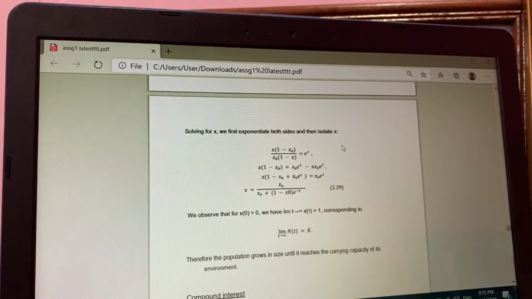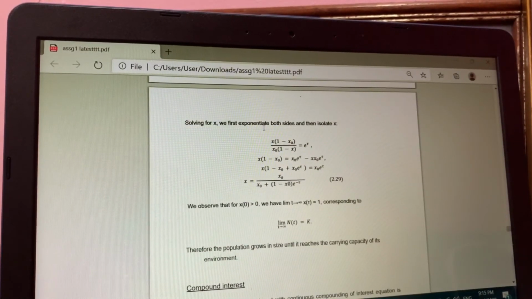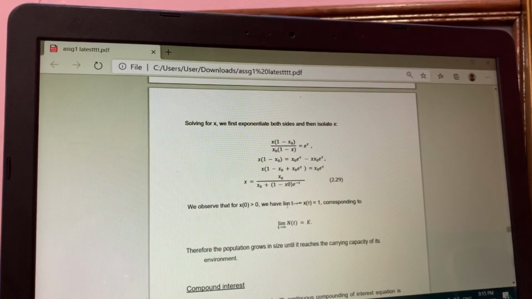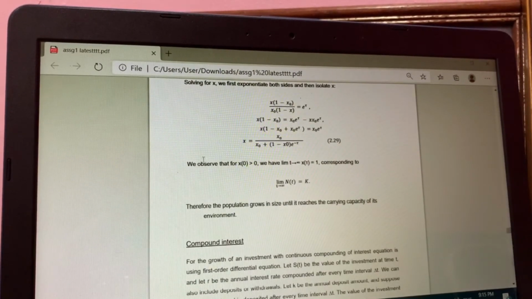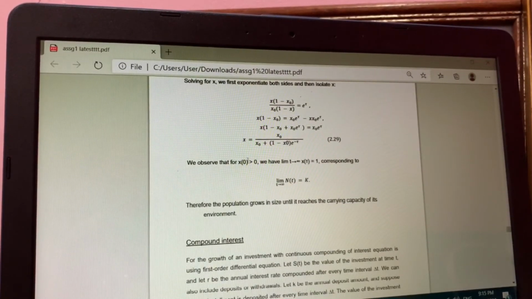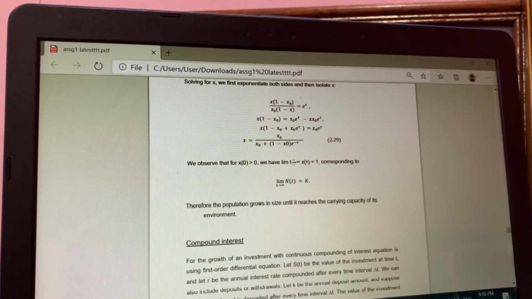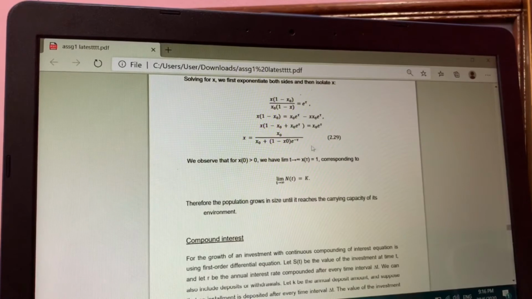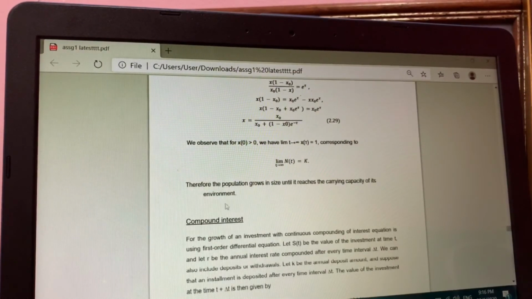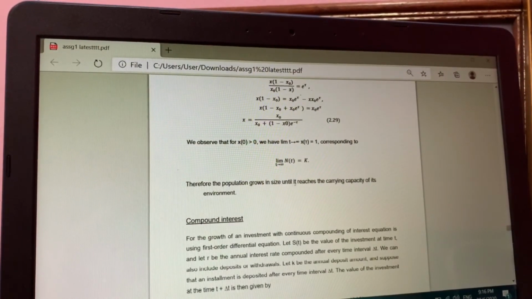The next step is to first exponentiate both sides, then isolate x. After that, we observe that for x0 greater than 0, the limit as t approaches infinity of x(t) equals 1, corresponding to this. Therefore, the population grows in size until it reaches the carrying capacity of its environment.